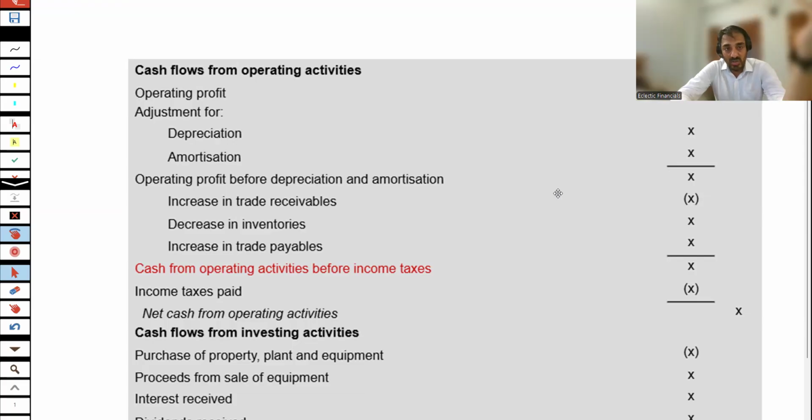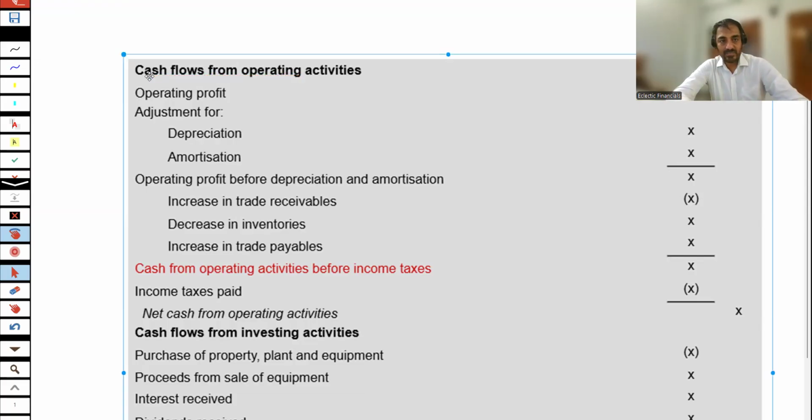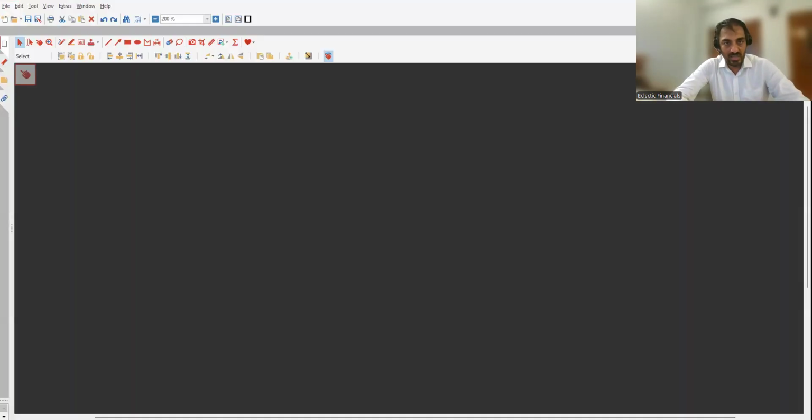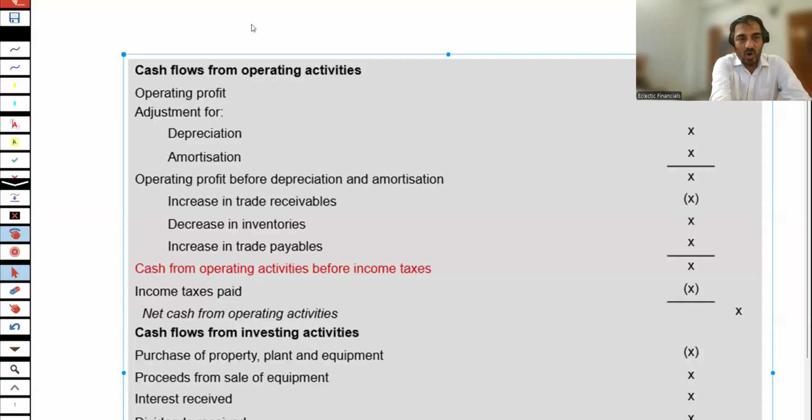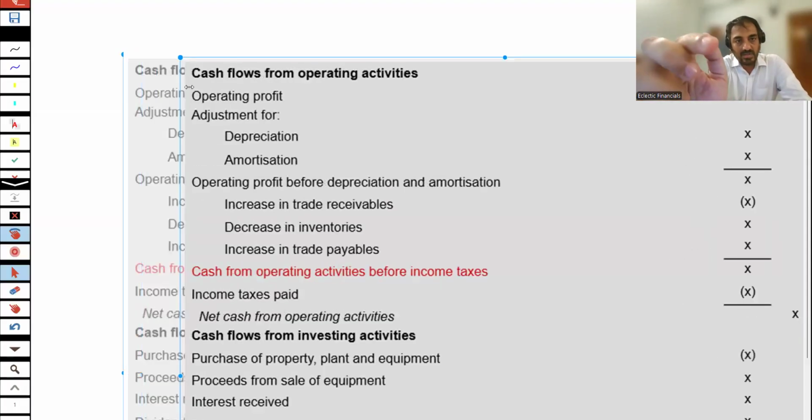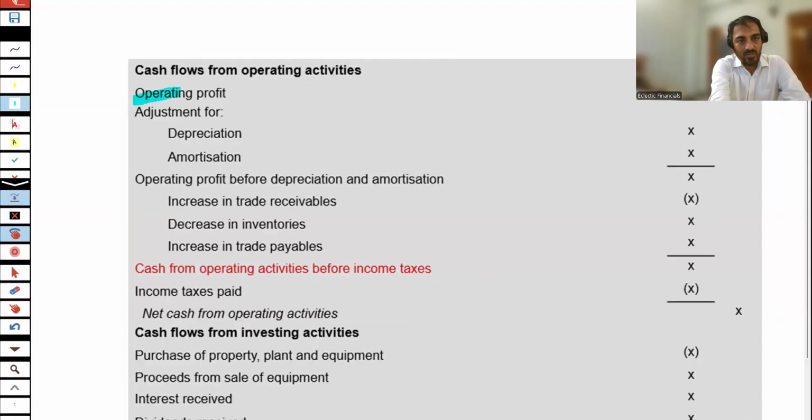So there was no rule. Now there is a rule. Always start the cash flow from operating activities from the operating profit.